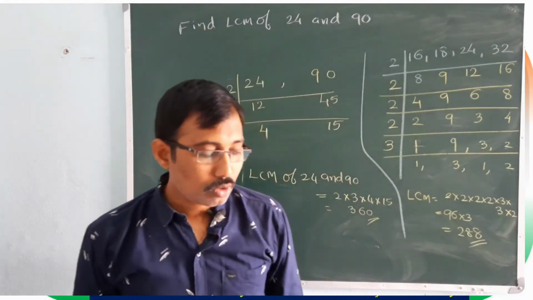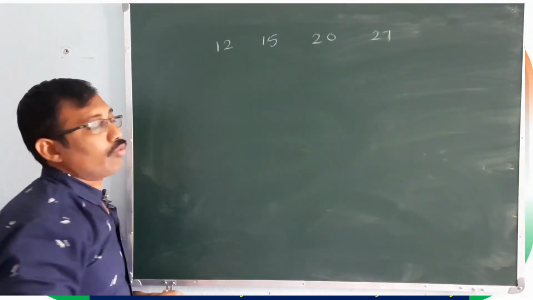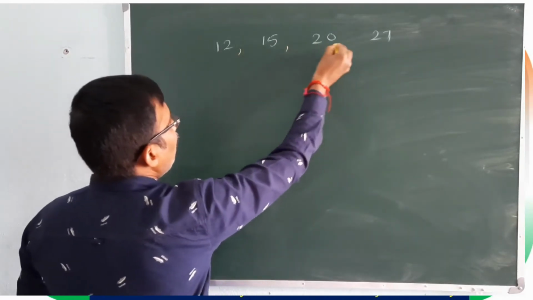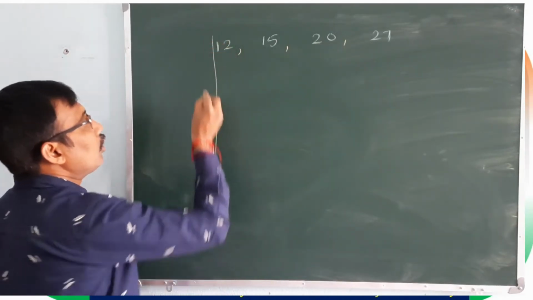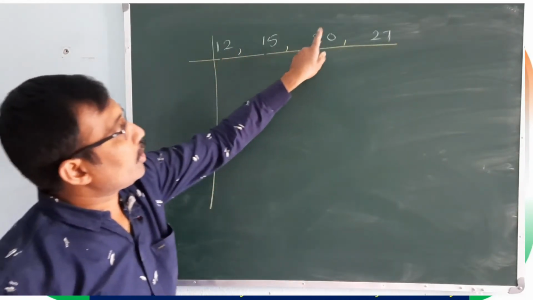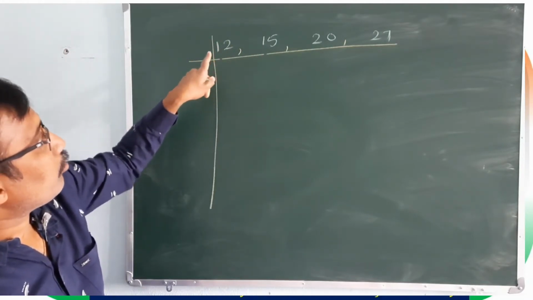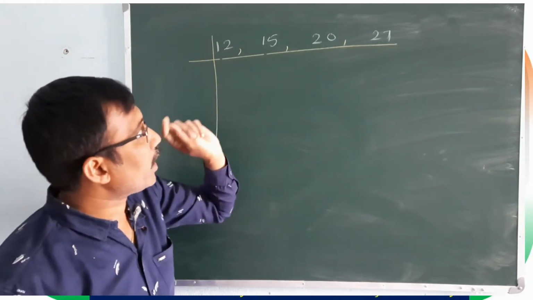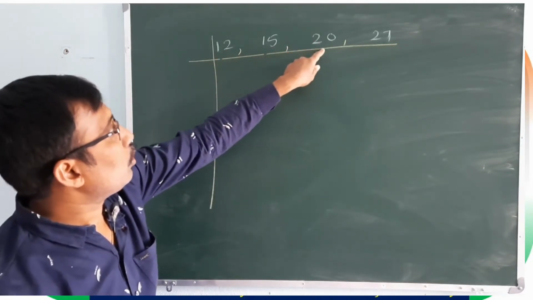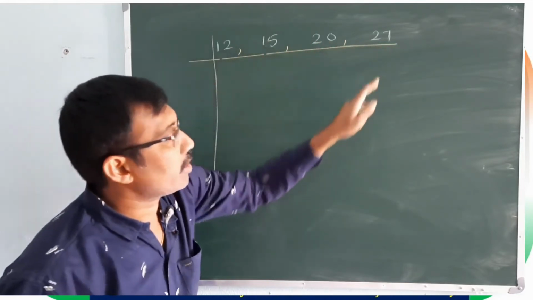This is the method to find the LCM by the division method. Some more examples to find the LCM. Example 7: find the LCM of the 4 numbers 12, 15, 20, 27, separated with commas, written in a horizontal line. Among these 4 numbers, a minimum of 2 are divided by 2, 3 also divides, and 5 divides one number. 3 of these numbers are divided by 3.